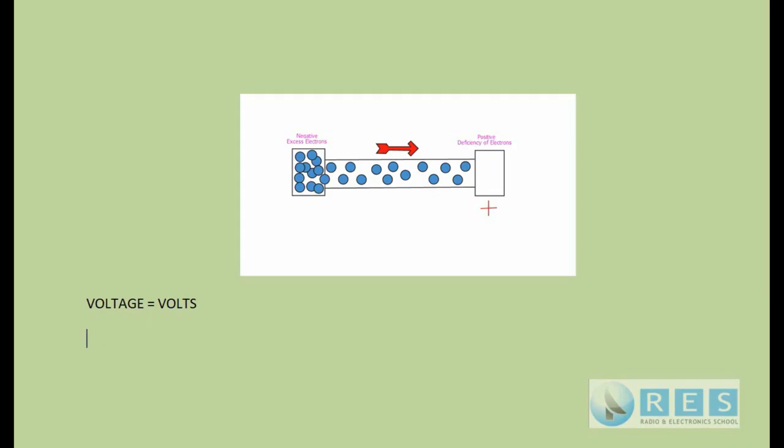The flow of electrons from the negative to the positive is called current, electric current, and it's measured in amperes. And amperes is often just abbreviated amps. And the resistance that the material has to the flow of electrons is called resistance. And it's measured in ohms. And we'll be talking more about that soon.